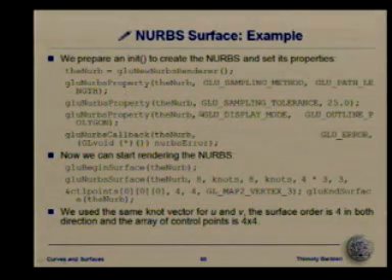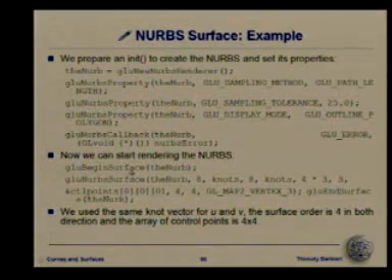Well, first you define a little bit of properties, like sampling, tolerance, the display, for example, outline polygon, a callback method to catch errors from the NURBS if you want. And then you need, this is the idea in which you do the rendering, you don't need to do a for loop.